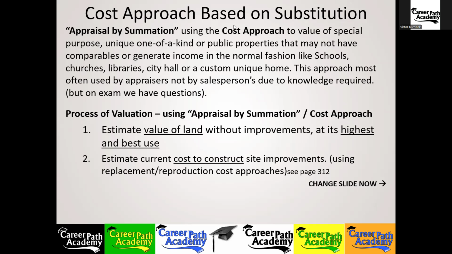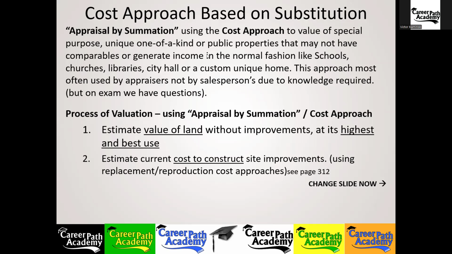Well, using the cost approach to value of a special purpose, unique or one of a kind public property that may not have comparables or generate income in the normal fashion, like schools, churches, and libraries, city hall, or a custom unique home. The approach most often used by appraisers, not by salespeople, due to the knowledge required in order to do this.